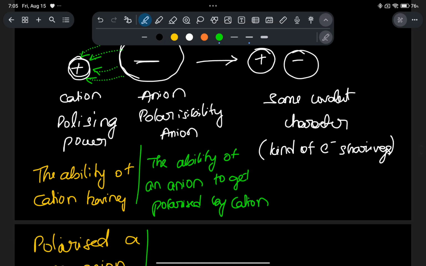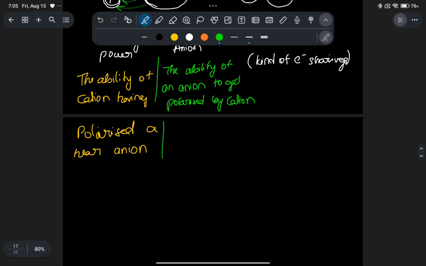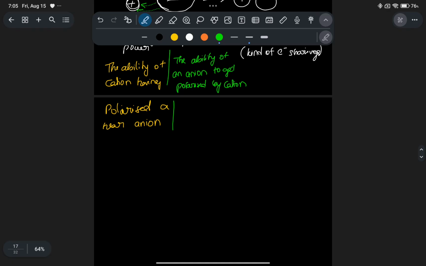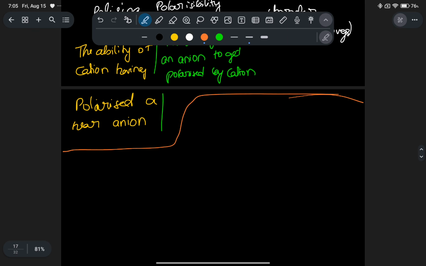It is attracted fully to them, and therefore they form some covalent character, a kind of electron sharing. So this is the meaning of polarization power. It is a very simple answer.